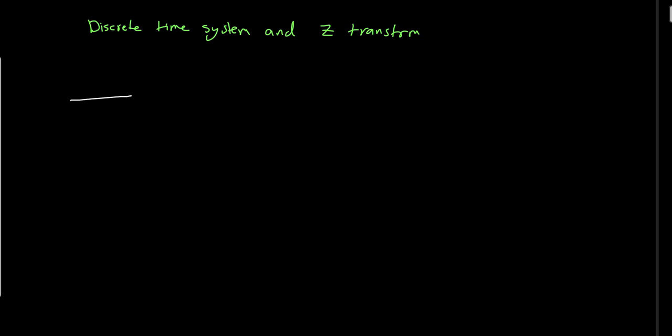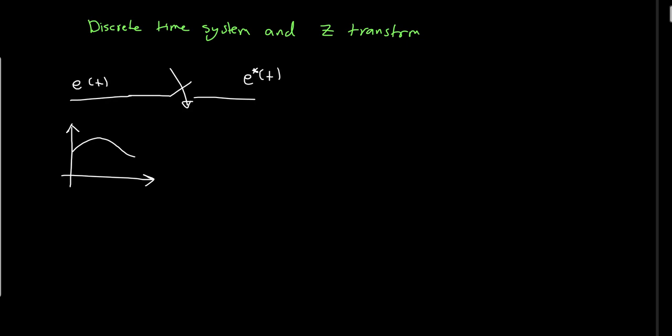So let's replot the signal. This is E of t. Let's assume that this is the signal of U of t. Now here we have a sampling operation. So we have now the sampled signal, and we will call the sampled signal E star of t. So the sampled signal only appears if the switch is closed, and let's assume that the switching frequency, or the sampling frequency, has a sample period of T.